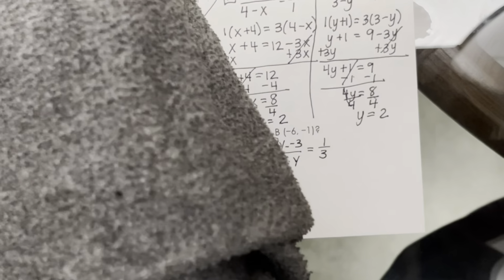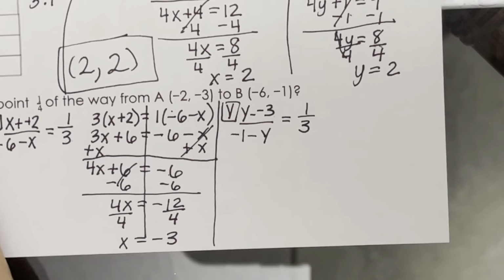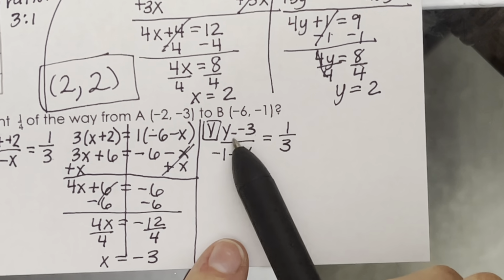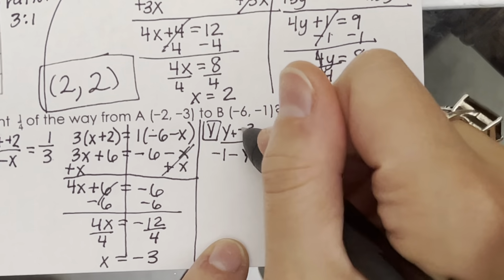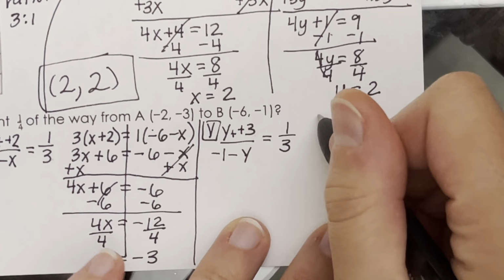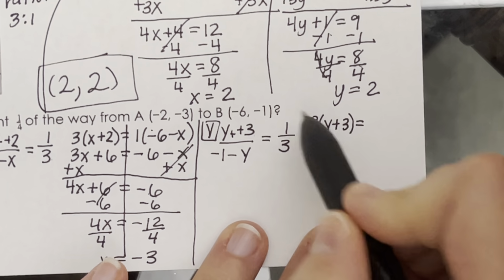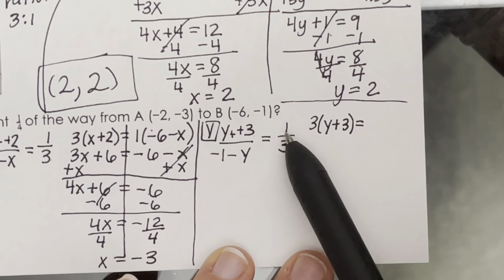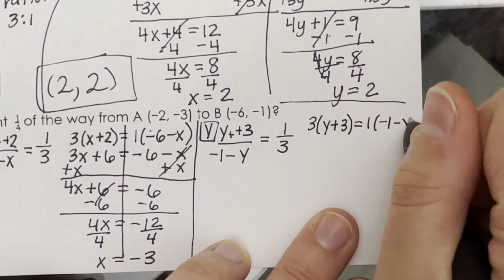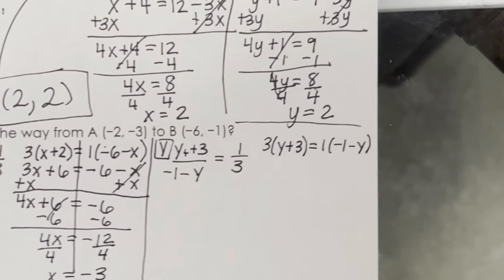All right, just like the last problem, I'm going to start by doing some algebra and some cross multiplication. y minus negative 3 really becomes y plus 3. So when I cross multiply here, I've got 3 times (y plus 3), and I set that equal to 1 times (negative 1 minus y).